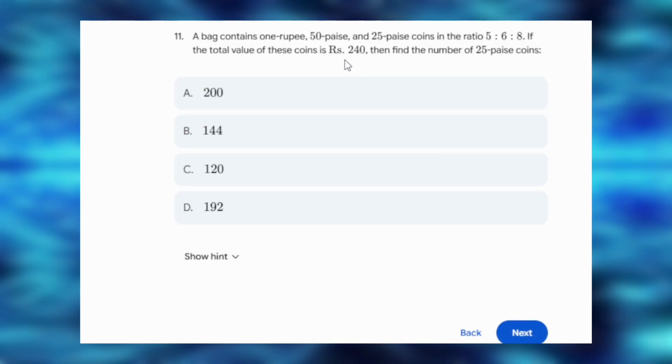A bag contains 1 rupee, 50 paise and 25 paise coins in the ratio 5:6:8. If the total value of these coins is 240 rupees, then find the number of 25 paisa coins. Here the total value is 5x plus, we have to convert the paisa into rupees. 50 paisa means 1/2 rupee. 6x into 1/2 plus 8x into, by converting 25 paisa into rupee, 1/4 rupee, equal to 240.